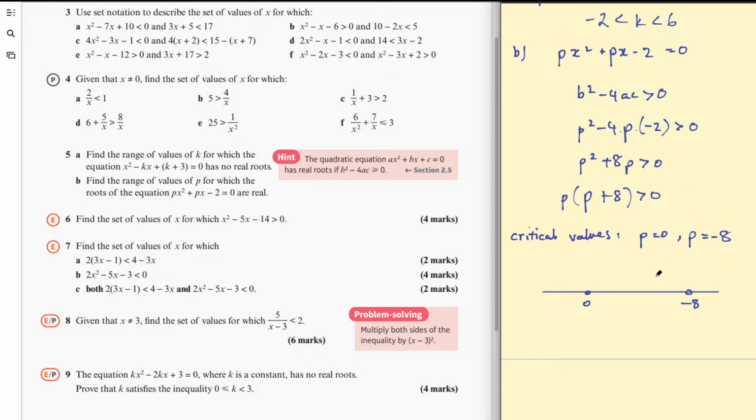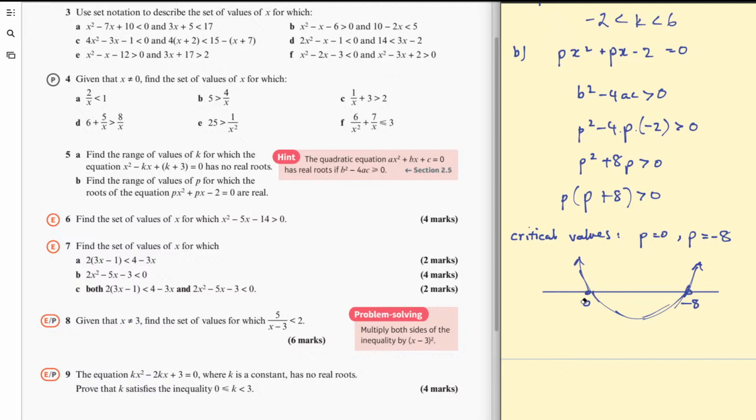It's a positive, so it's up this way. And we want it when it's greater than 0. So the values of p greater than 0 are when, this graph is greater than 0 when p is less than 0 or greater than negative 8.